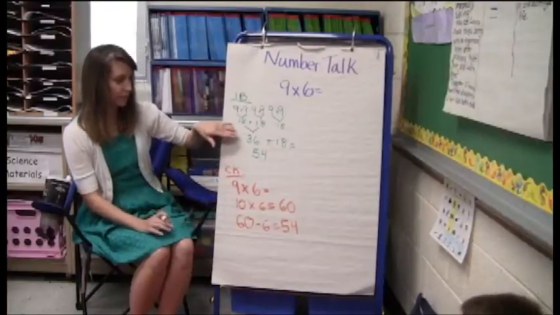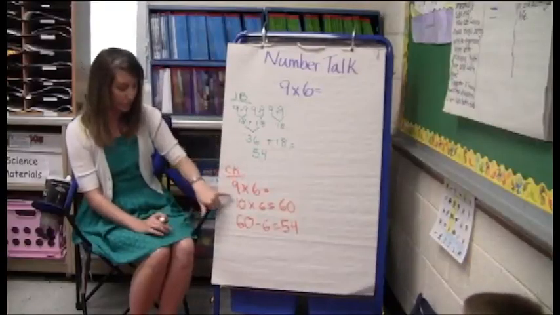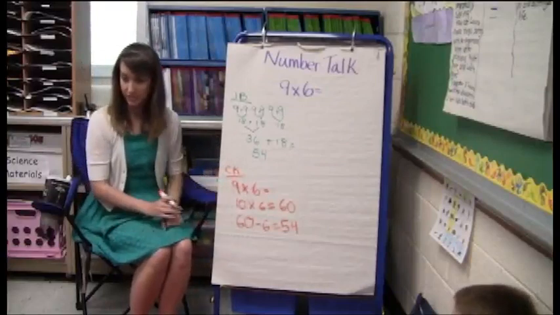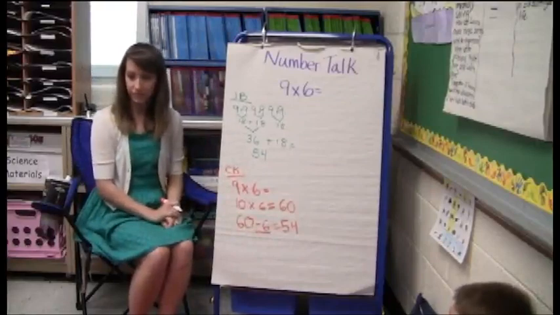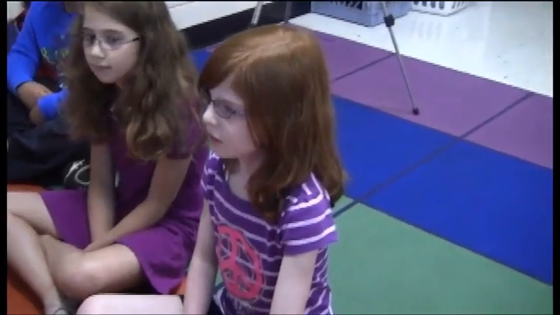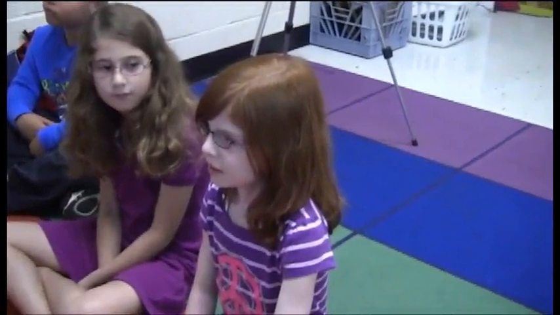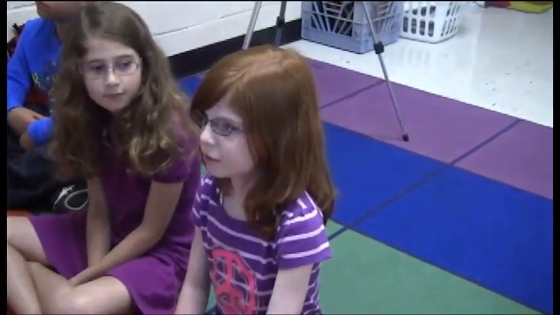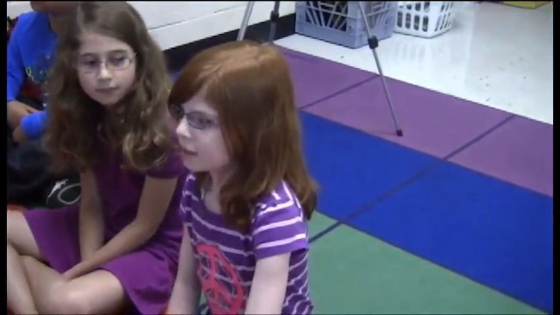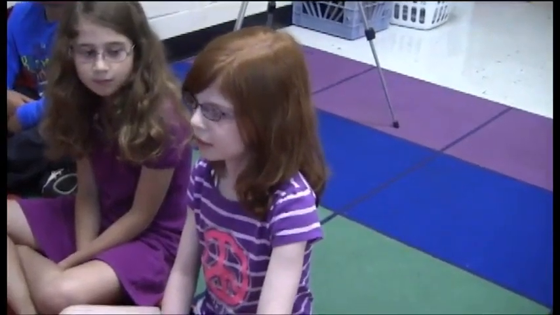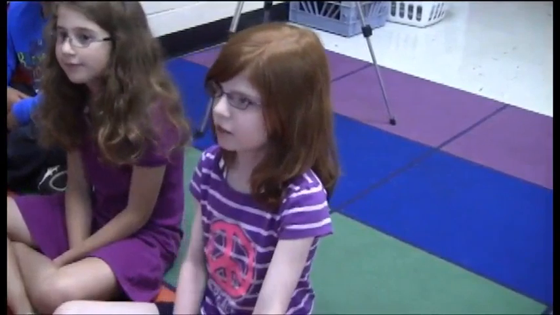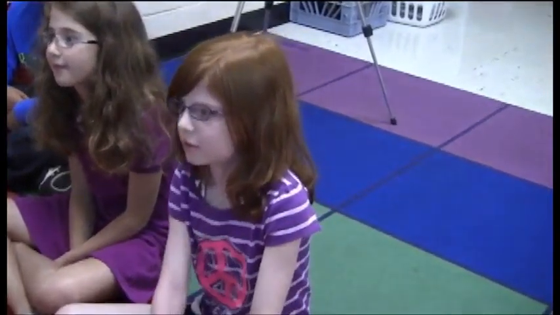Okay. So going back to what Josiah did with the repeated addition, you just added one more group of 6? Can you explain to me what you did here? Well, you would have to subtract the group of 6 because 9 times 6 doesn't equal 60. And since you added a group of 6, then you're going to have to subtract a group of 6, which equals 54.